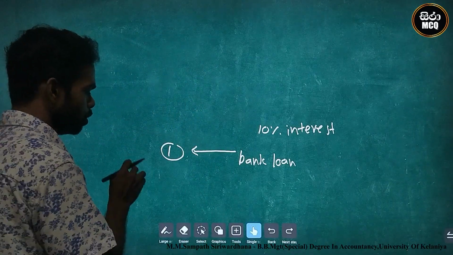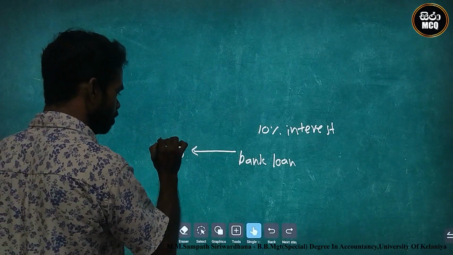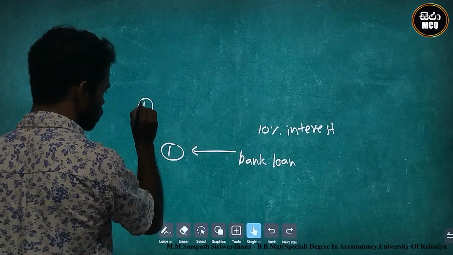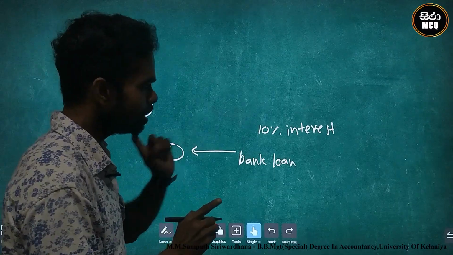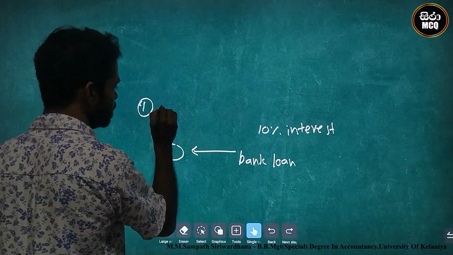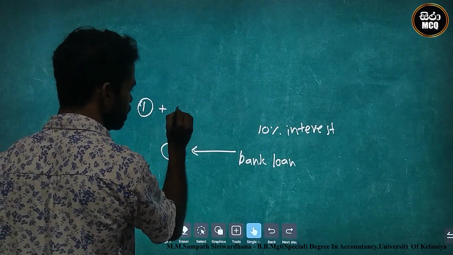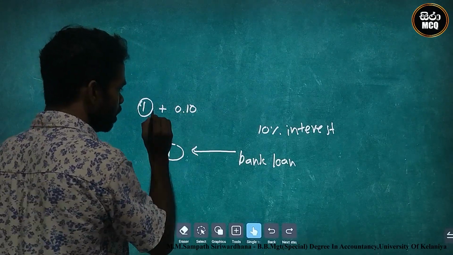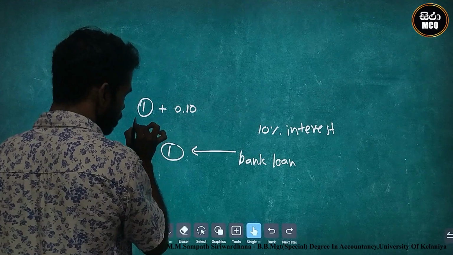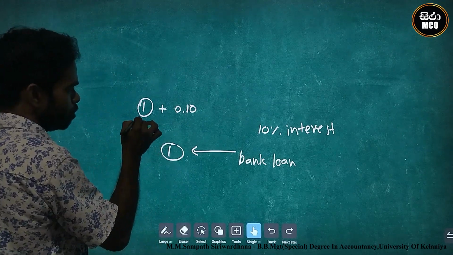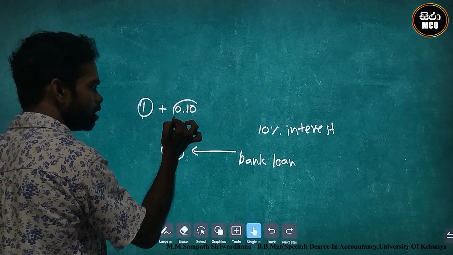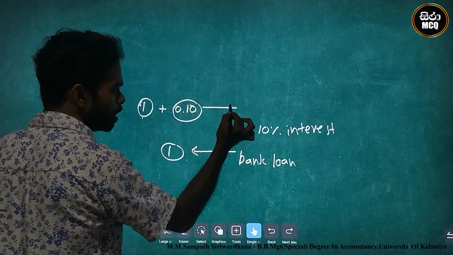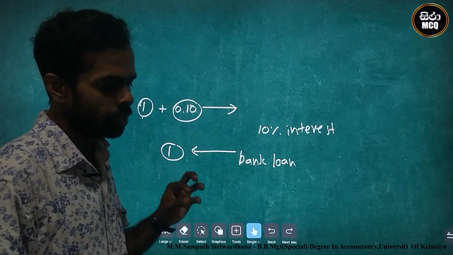Therefore, after 1 year the investor must give the bank 1 rupee and 10 cents, since the interest is 10% of 1 rupee, which is 0.1.